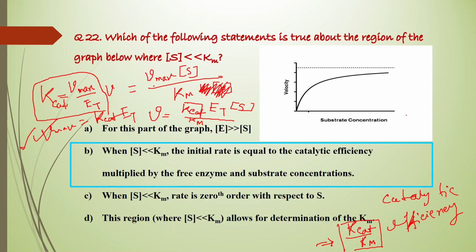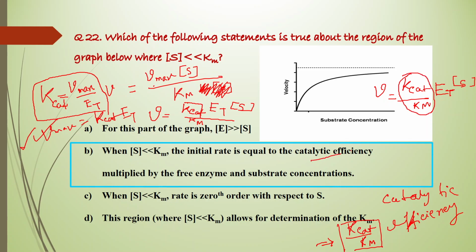So in our equation, let me write it down again. If you look at the equation, Kcat by Km, Et into substrate concentration. So this is our catalytic efficiency.